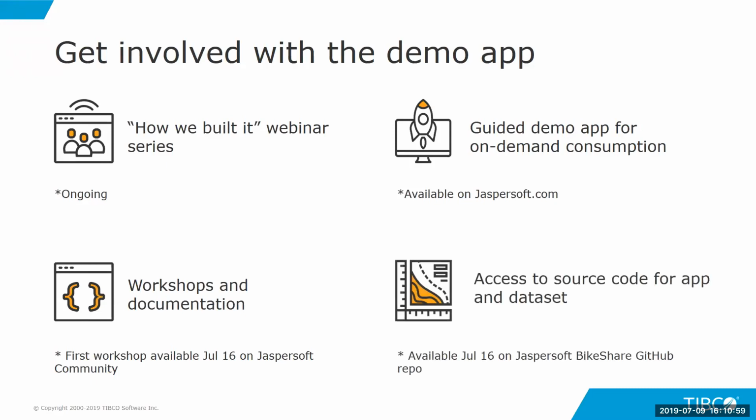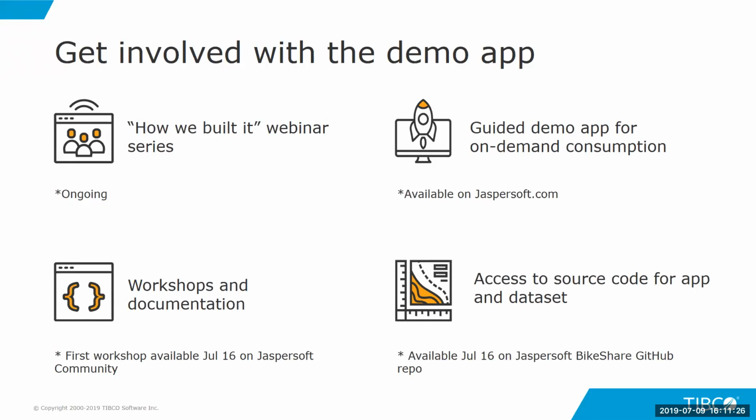And then the final thing, one of the things that was really important to us as we talk about best practices, and Chad was alluding to, is that we wanted to make all of the application source code and the data used for this app publicly available, so you can check it out and steal what you feel is appropriate for your own application. This is all being published on a public GitHub repo, available July 16th for the first time.